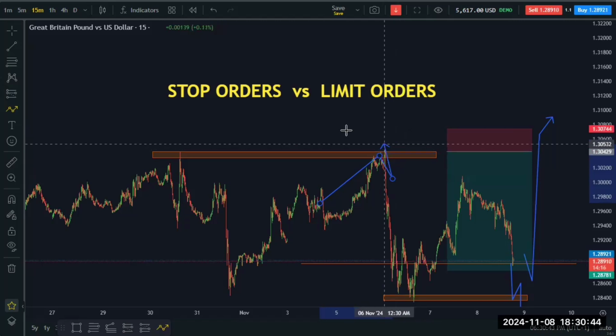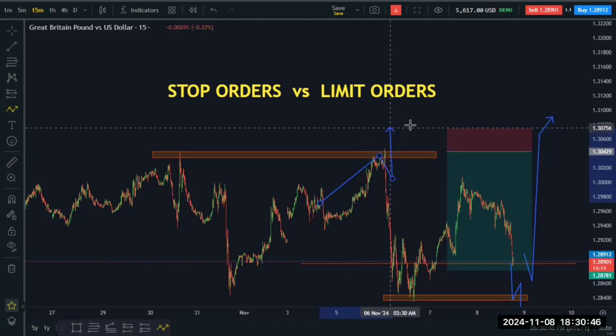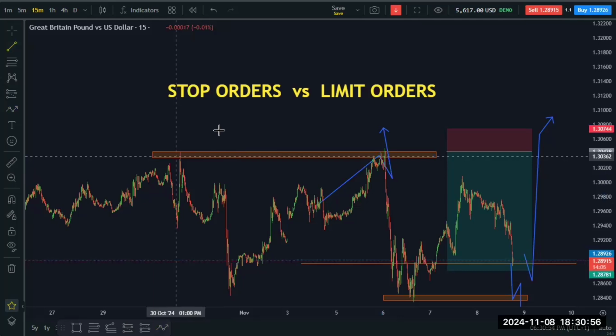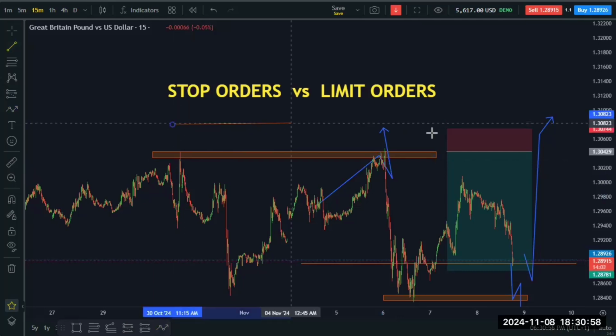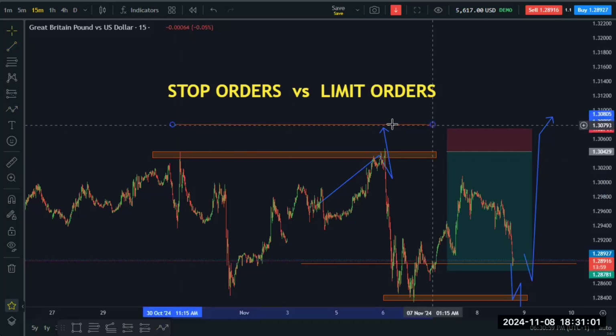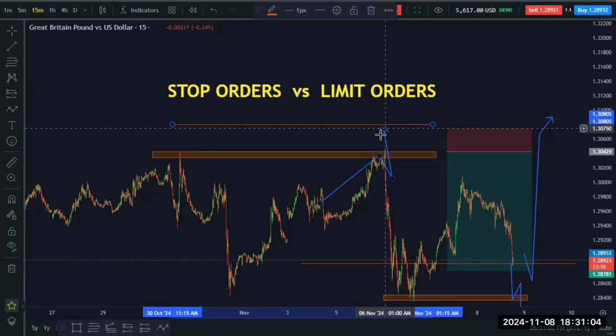They will place their stop order over here at the top, with the hope that if price should break past this resistance point and get to the place where they are predicting, it means the market is ready to continue to buy and move upward.